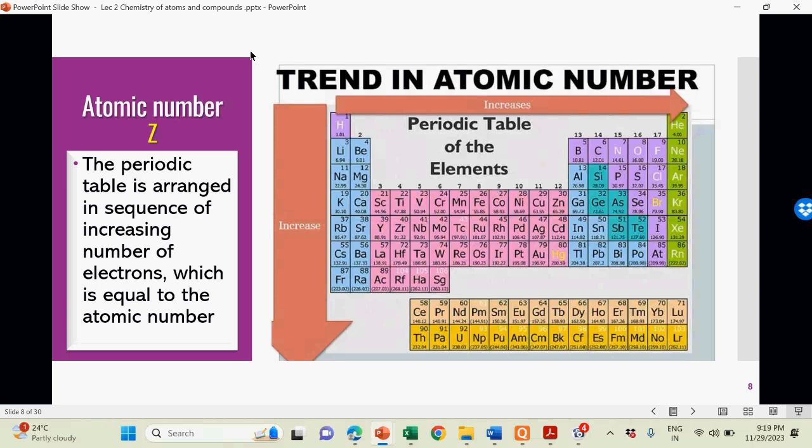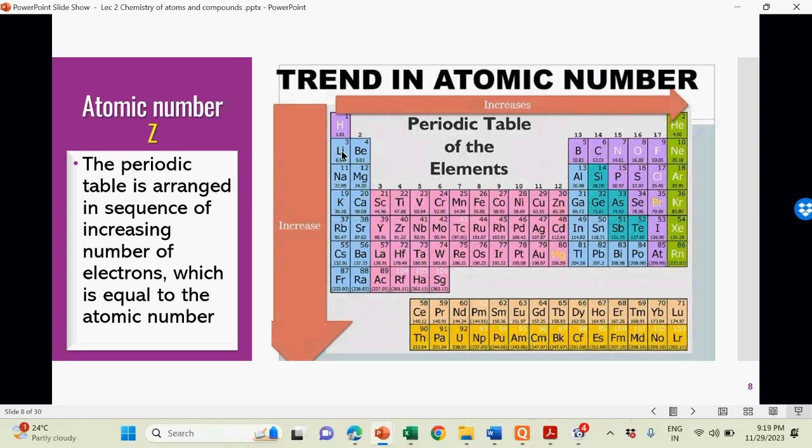But the most important now is to look at the second row, or the second period: lithium, beryllium, boron, carbon, nitrogen, oxygen, and fluorine. And finally, neon in the noble gases group, or group number 8.